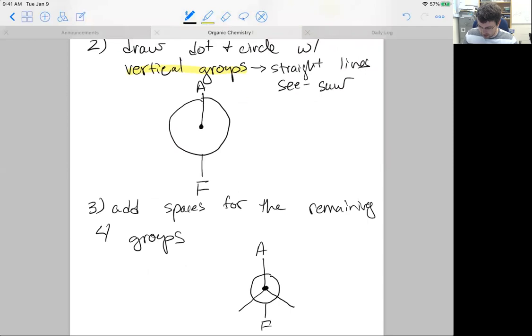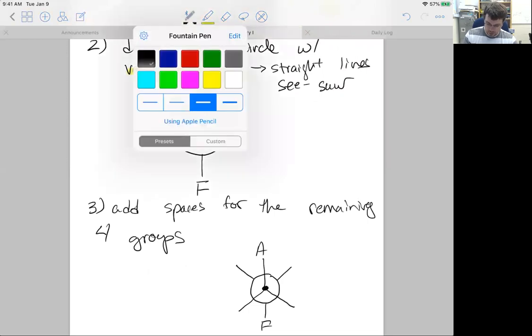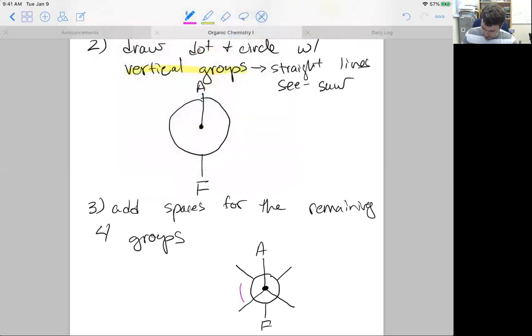And on the circle, I'm going to have an up and to the right and an up and to the left. Because again, we need to maintain 120 degrees separation between any two groups on the dot and any two groups on the circle. Now I know it's truly 109.5, but based on this perspective, it appears to be 120 degrees.